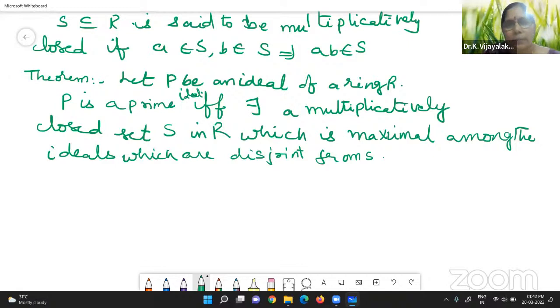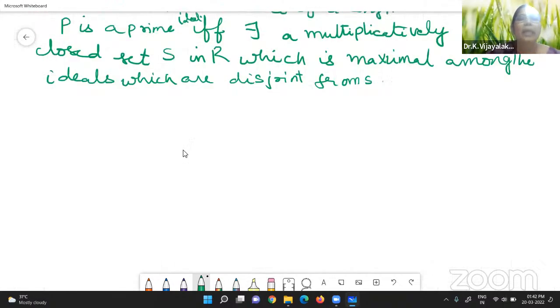So the if and only if condition means we have to prove the theorem in two parts. First, suppose P is a prime ideal. I told you, you have to concentrate on two things: what is given and what you have to prove.